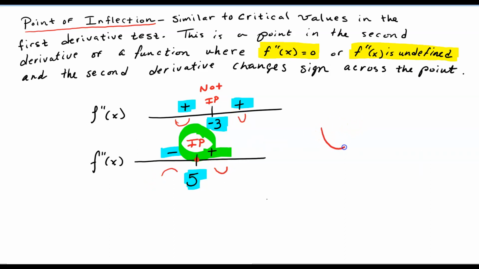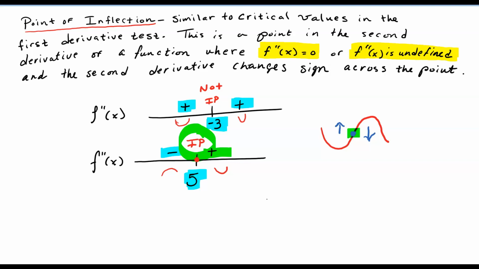Well, if you're drawing a graph that looks like this, and suppose maybe it's a sine or a cosine curve, this part here, which I'm going to denote in blue, is concave up, and this is concave down. This point right here that I'm about to highlight in green is the inflection point, because that's the point at which the graph changes its concavity. Just something to keep in mind for the future.